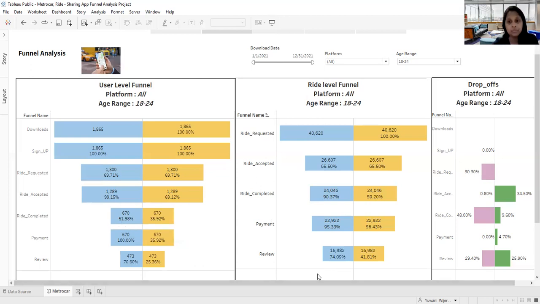And for the ride level, the critical stage was the ride accepted stage. To increase driver acceptance, we have to increase driver availability, and in order to do that, we have to give some kind of incentive scheme for them.